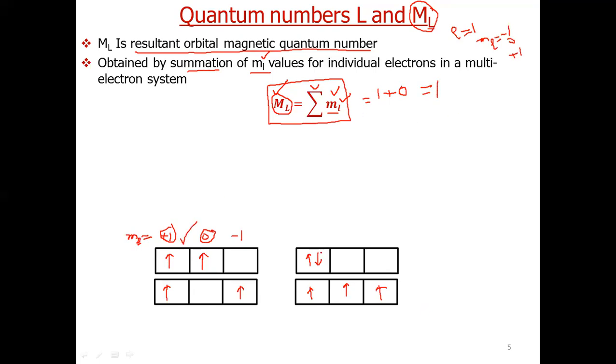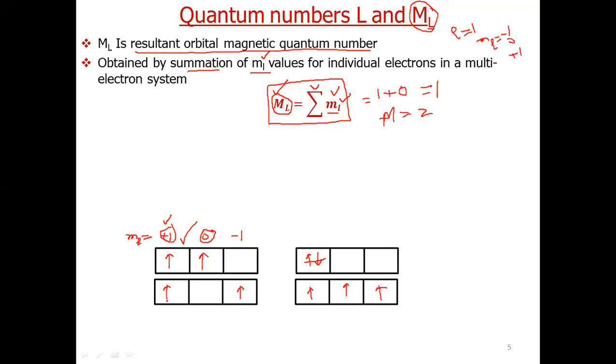Let us calculate for this system. Now this system has two electrons in an orbital having value plus 1, so we will do 2 multiplied by 1, which is 2, as there are no other electrons, so its value is 2. Now let us calculate for this system.